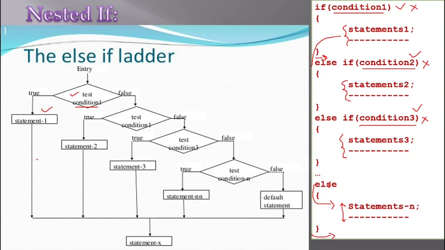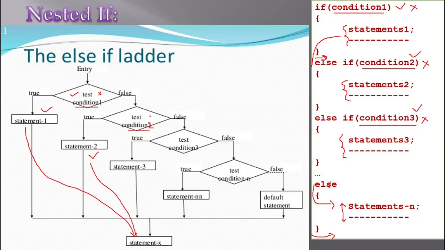After executing this one, it directly lands here. That's all. If it is false, then it will have a look at condition 2. It's a typo, it's not condition 1, it's 2. If it is true, then this block will be run and it will land here.